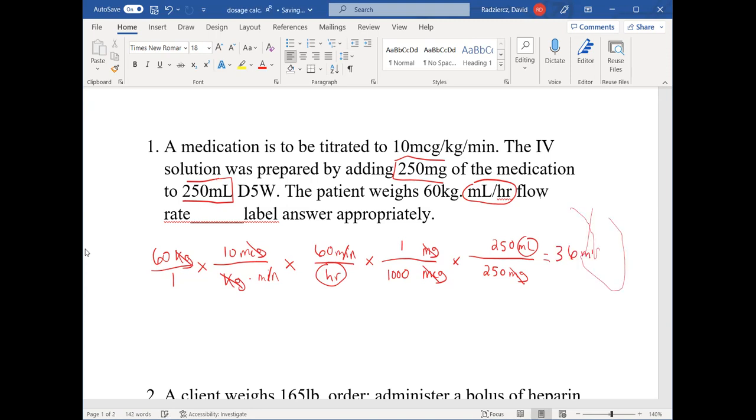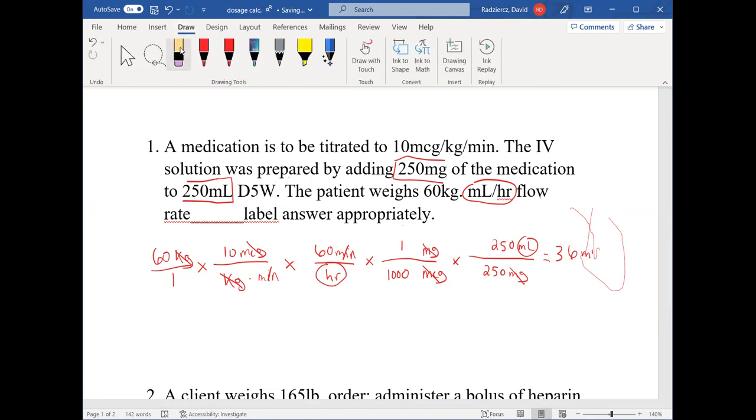Sorry. Hold on one second. My screen is slowing down here. So I should get 36 milliliters. See if I can get this to turn back on.